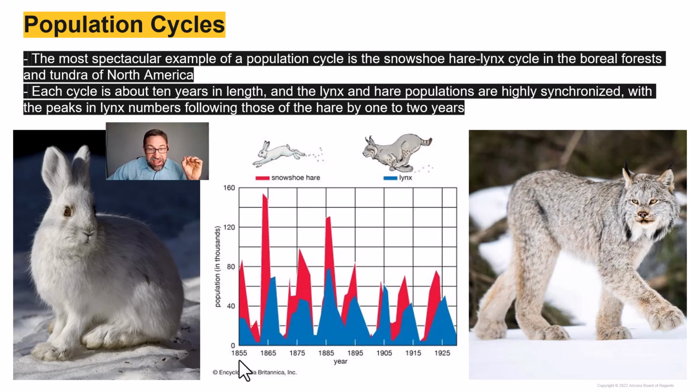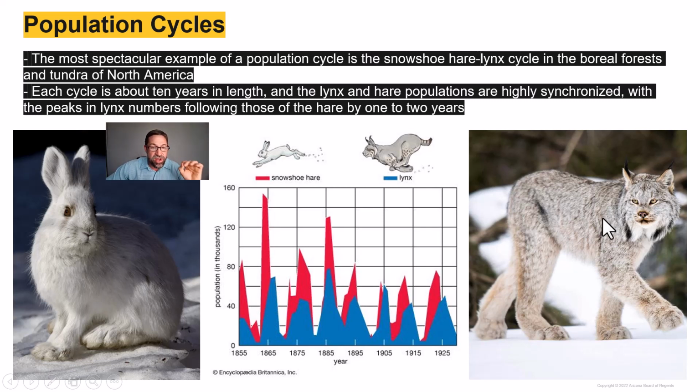But you can see each of these cycles is about 10 years in length. About every 10 years, we see this peak in snowshoe hare populations when all of these pelts were brought in by the hundreds of thousands. But what's so cool is the lynx population is very synchronized to its prey. So lynx are specialists.